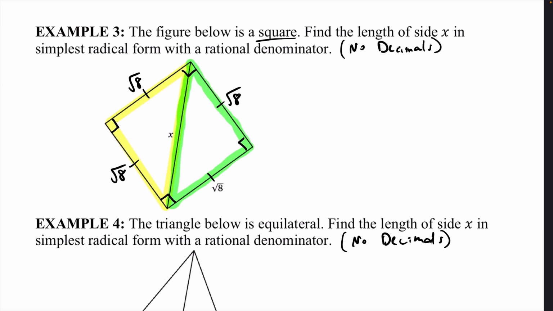Okay, so I'm going to draw one of them over here. It doesn't matter which one, but I'm going to do the yellow. So I'm going to rewrite the yellow right here. This side is the square root of 8, this side is the square root of 8, this side is x, and that's the right angle.